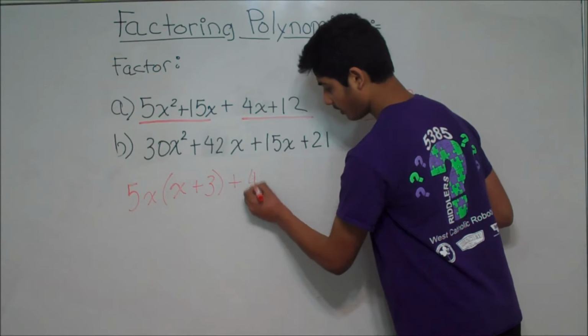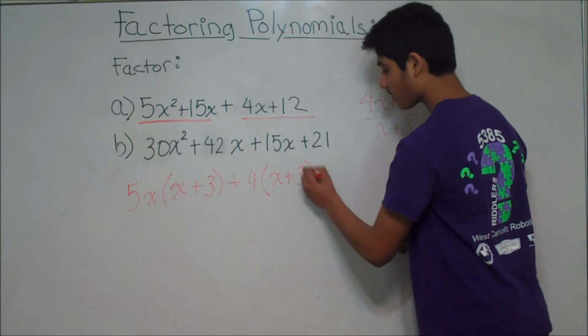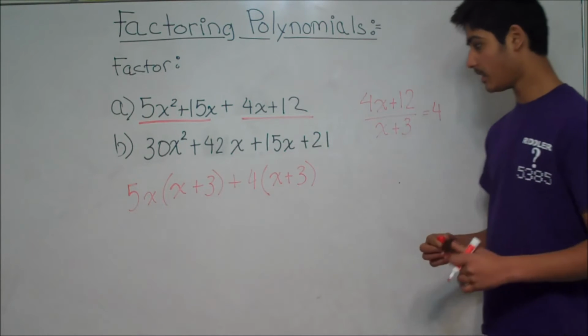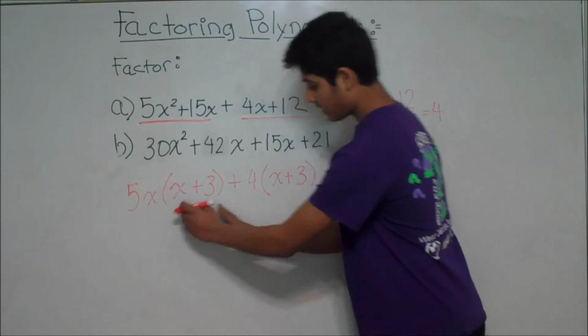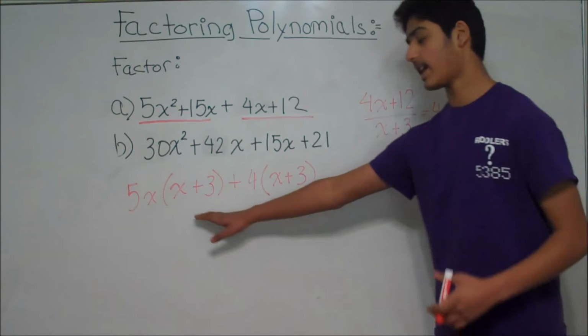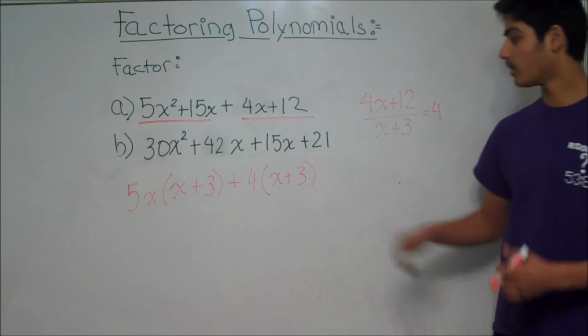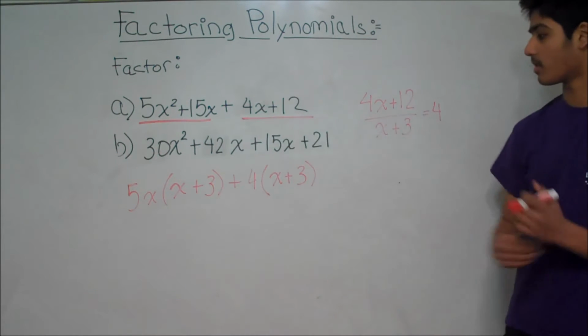So plus 4, and in parentheses, x plus 3. As we can see, the objective till now was to get the same expression inside both of the parentheses while factoring the first two terms and the last two terms.